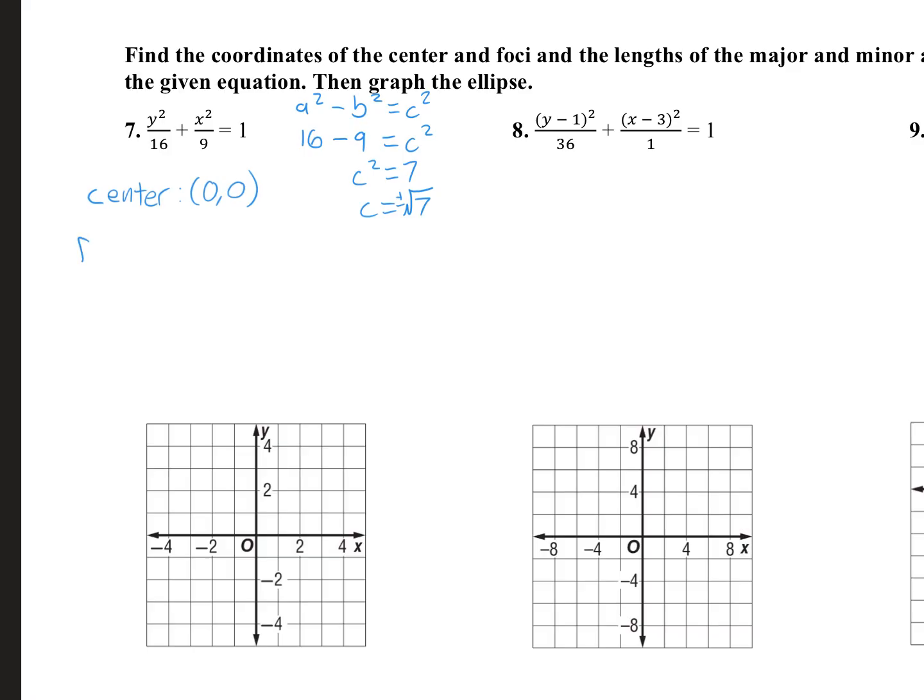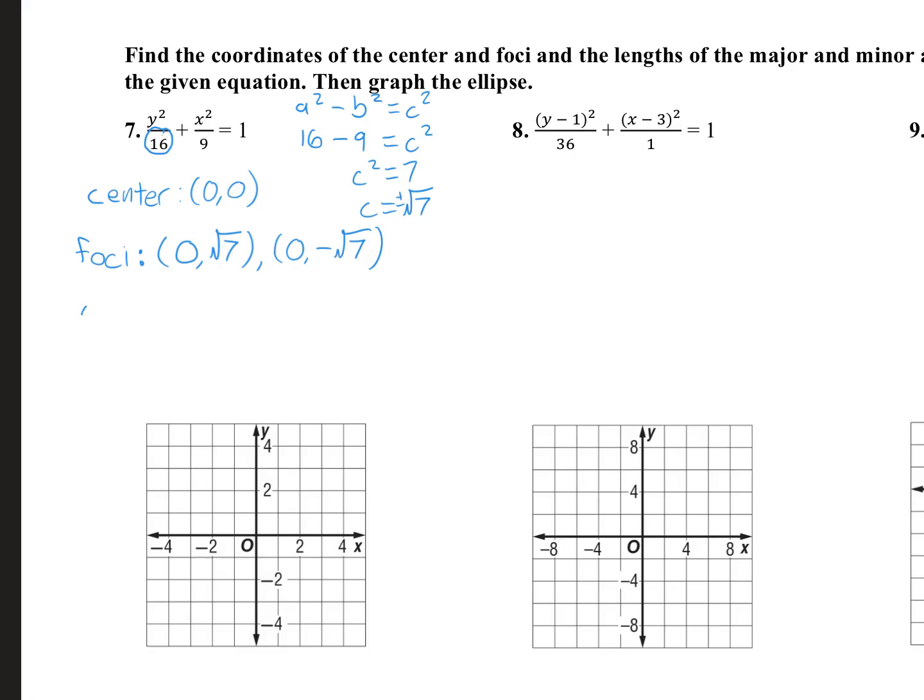Now you have to be careful deciding whether to give that to the x-coordinate or the y-coordinate. Because this is vertical, and I know it's vertical because y has a bigger denominator, I'm going to give the c to the y-coordinate. I'm going to write it as 2 separate points. One focus is at 0, radical 7, and the other focus is at 0, negative radical 7.